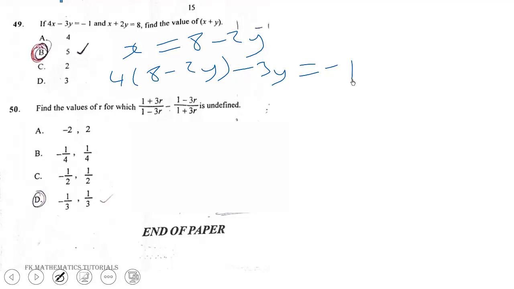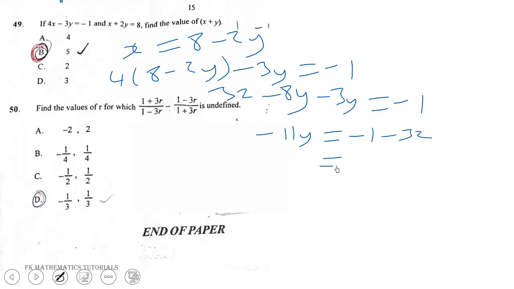So 4 times 8 is 32 minus 8y minus 3y is equal to negative 1. So negative 11y is equal to negative 1 minus 32, which is negative 33. So negative 11y divided by negative 11.